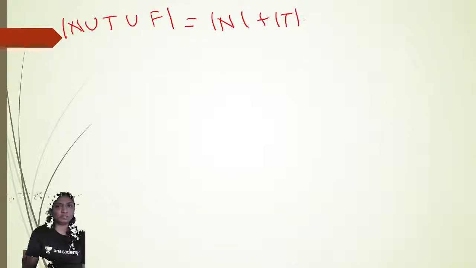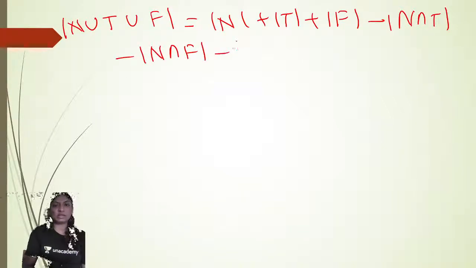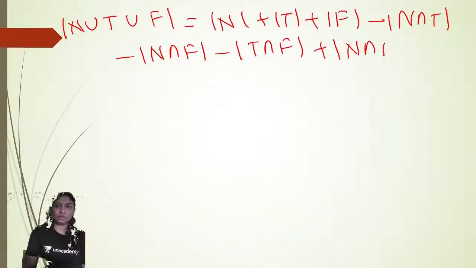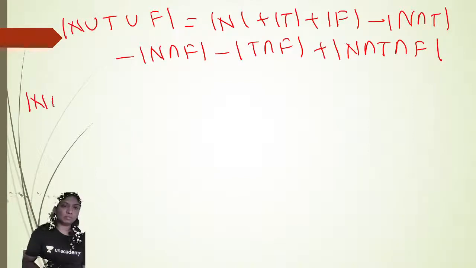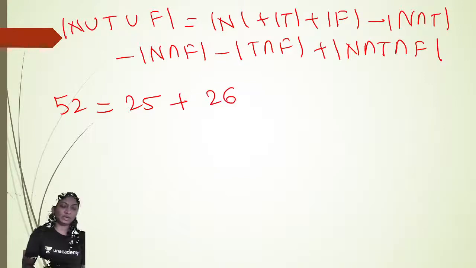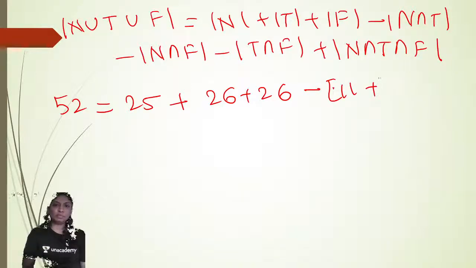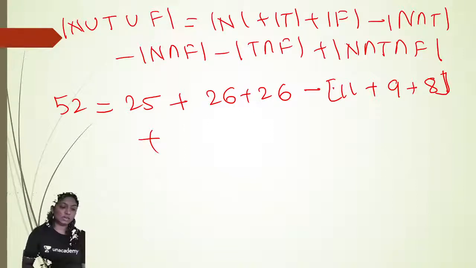So the cardinality of N union T union F is equal to the cardinality of N plus the cardinality of T plus the cardinality of F minus the cardinality of N intersection T minus the cardinality of N intersection F minus the cardinality of T intersection F plus the cardinality of N intersection T intersection F. We know that the cardinality of N union T union F is 52, which is equal to 25 plus 26 plus 26 minus 11 minus 9 minus 8 plus the cardinality of N intersection T intersection F, which we have to find out.